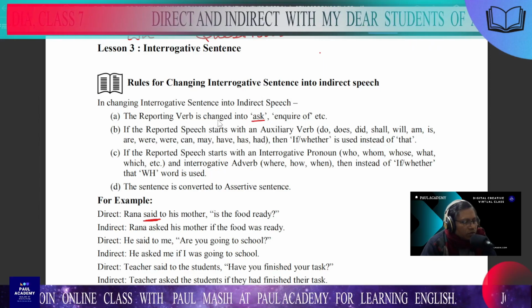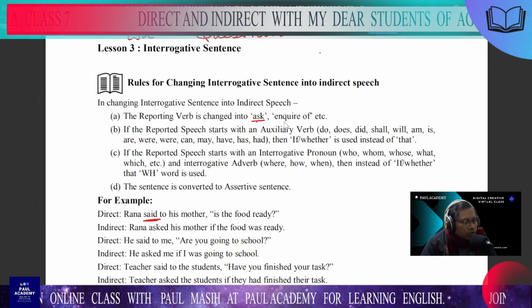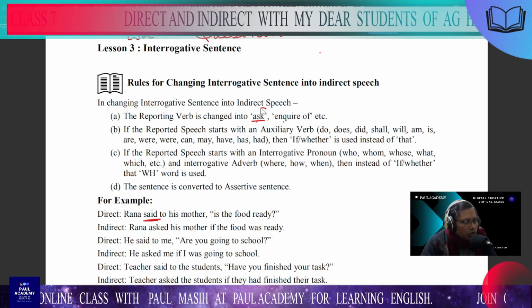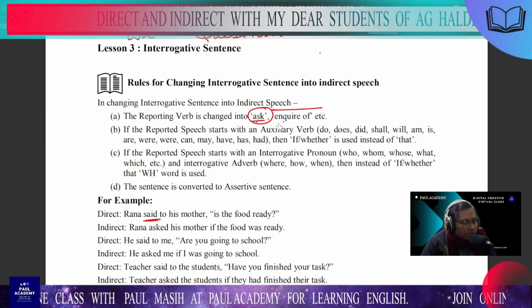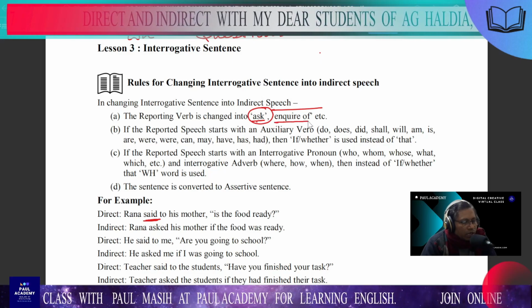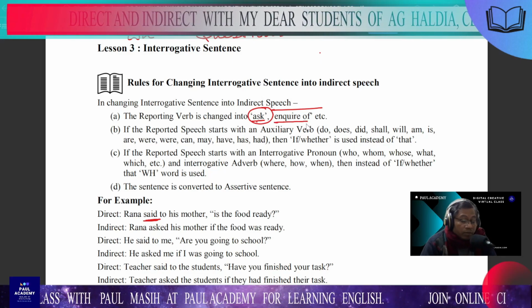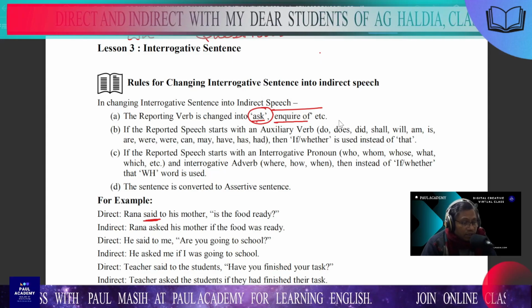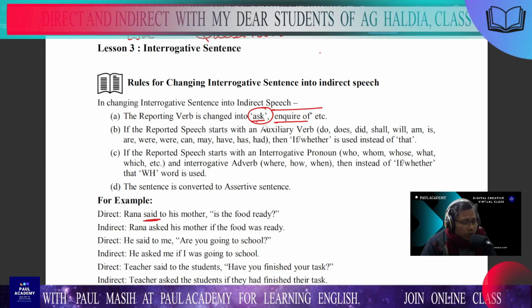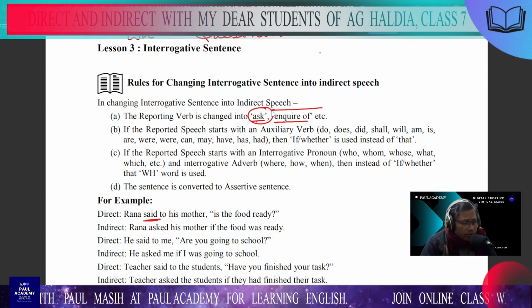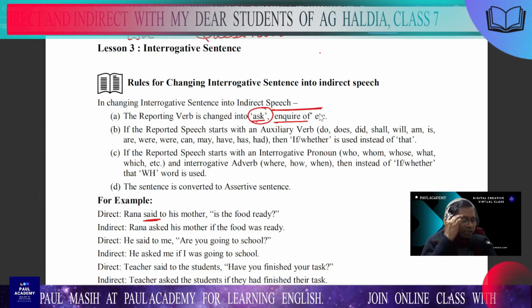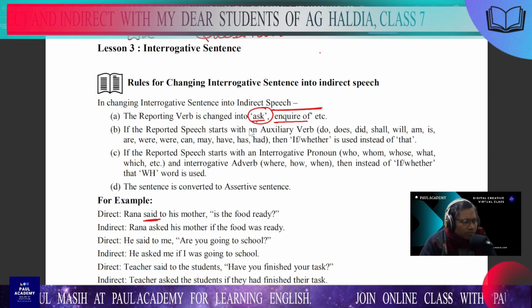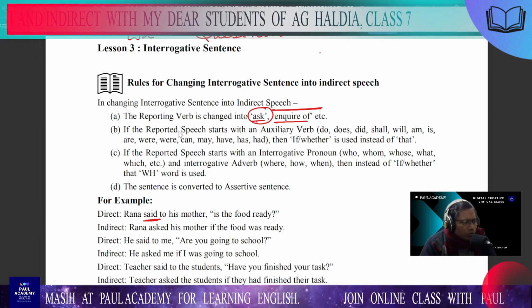So the reporting verb is changed into ask, inquire of, etc. I would always advise my dear students to use ask because it is easy. Otherwise, with inquire of, the spelling may go wrong, and then you will get it wrong. So always try to master your art before you try any kind of adventure in any field. So better you use ask as the reporting verb.